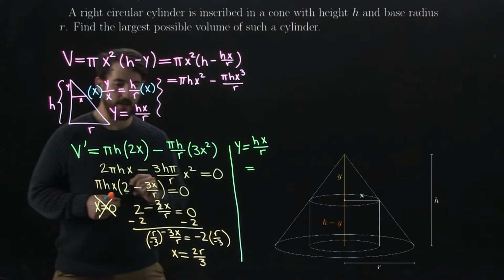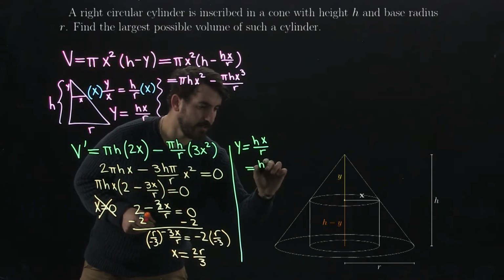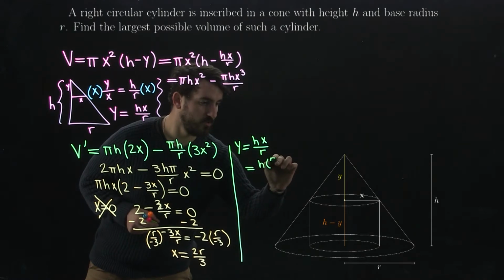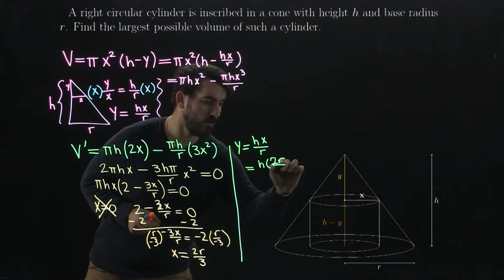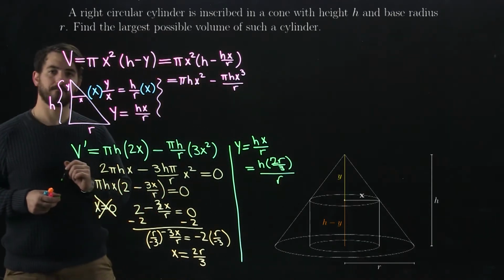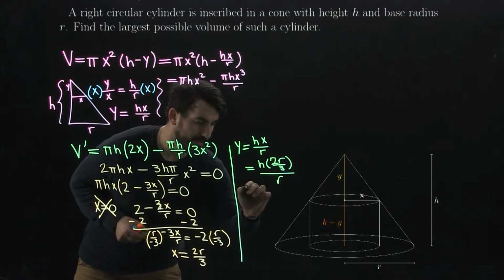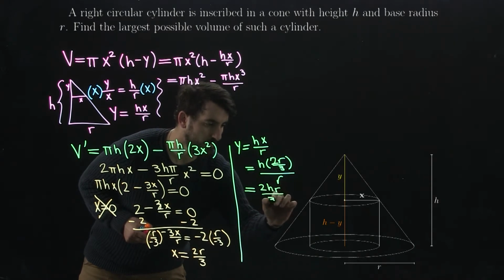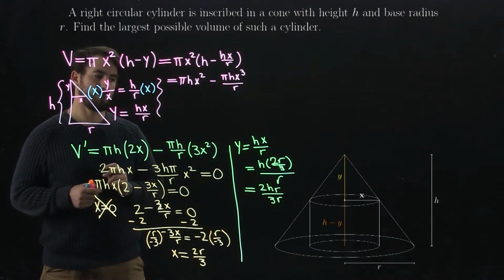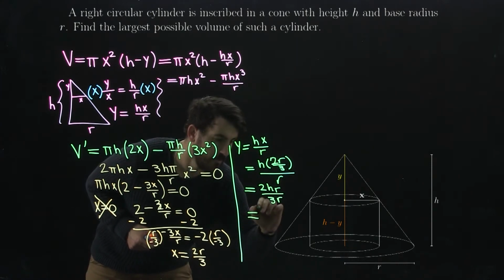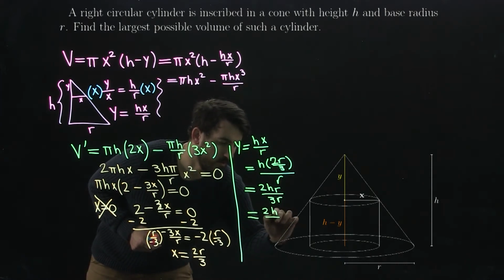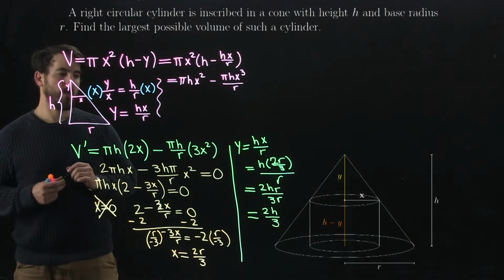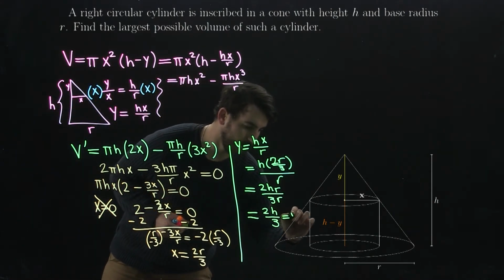That's going to be h times 2r over 3, all over r. Then I'm going to clean this up. That's going to be 2hr over 3r, which then becomes 2h over 3. And so this is my y value.